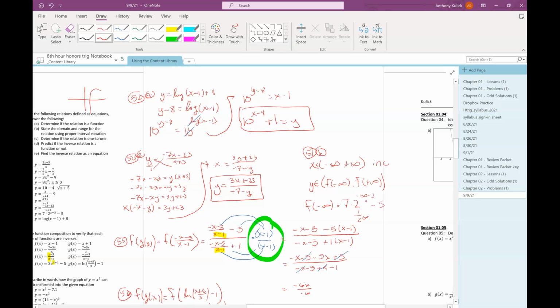So if I have 1 over an absurdly large number, that is basically just 0. So 7 times 0 minus 5 is just negative 5. And then if I do f of positive infinity, now we have 2 to the infinity, so that's just infinity still, right?